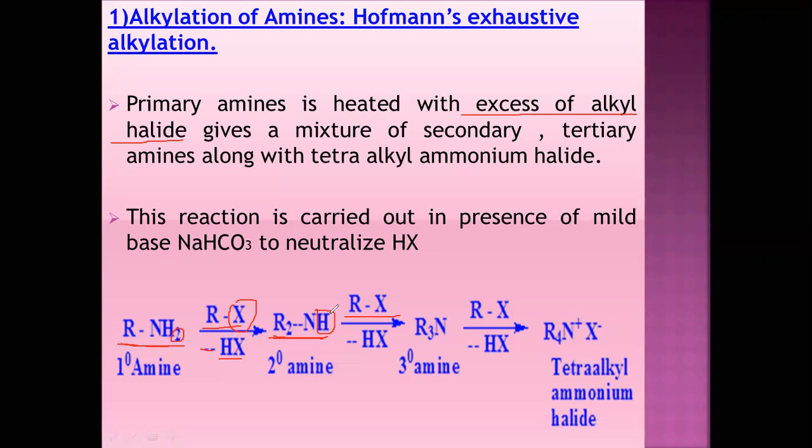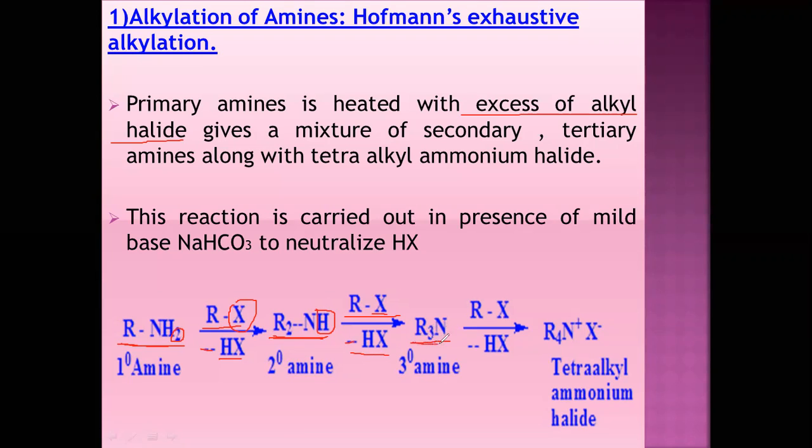An alkyl group is introduced on the nitrogen atom, and the hydrogen atom combines with the halogen atom and is removed in the form of HX. Finally we get a trialkyl amine, that means a tertiary amine, R3N.